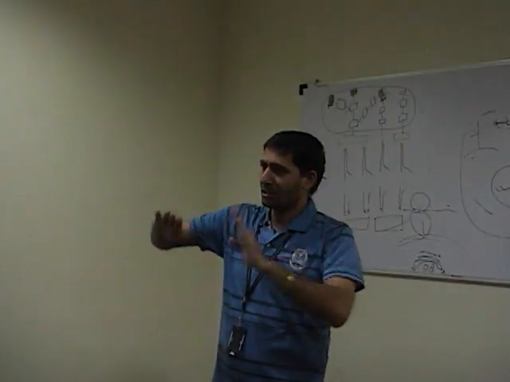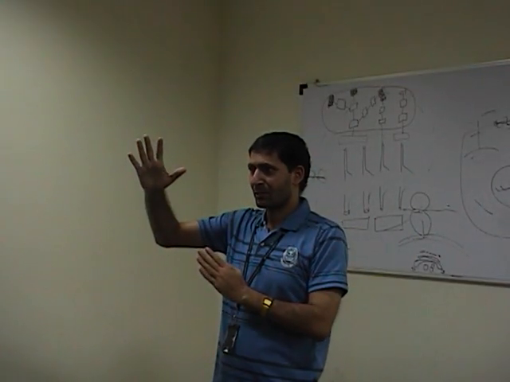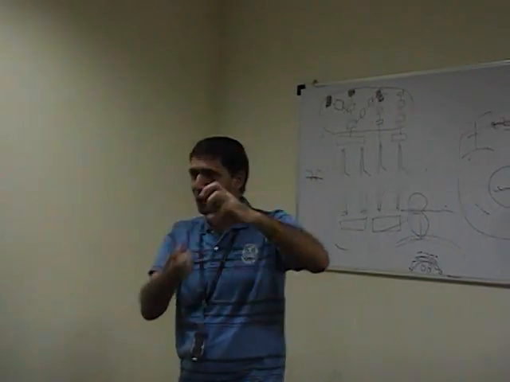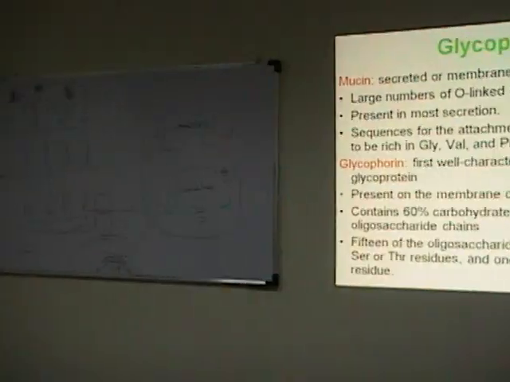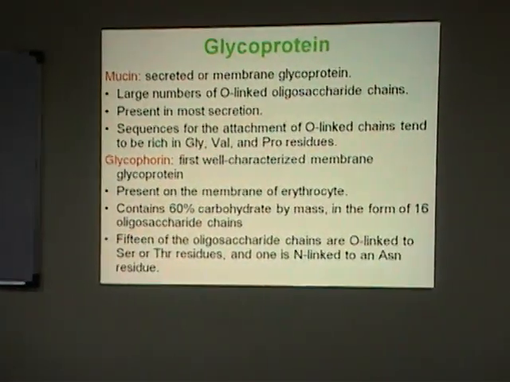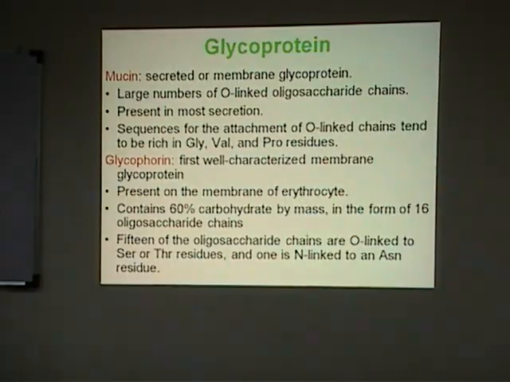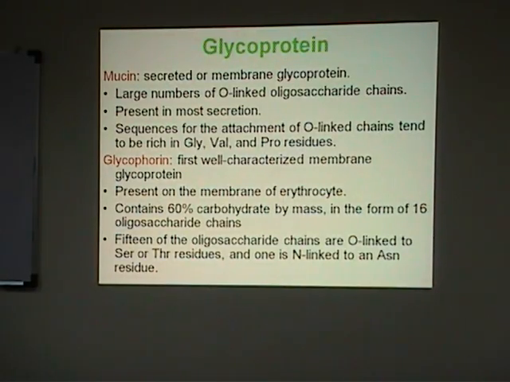That's why for cell signaling, wherever there is need of phosphorylation, there are kinases, and most of the kinases are serine or threonine kinases.